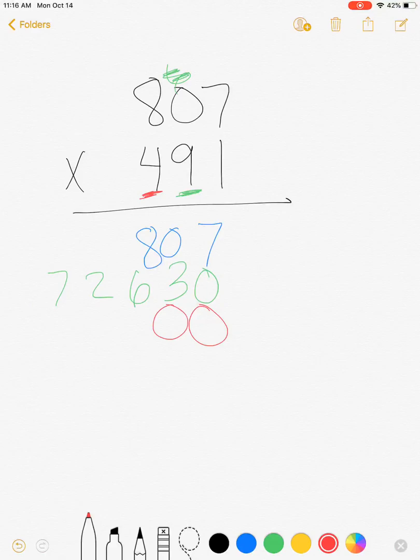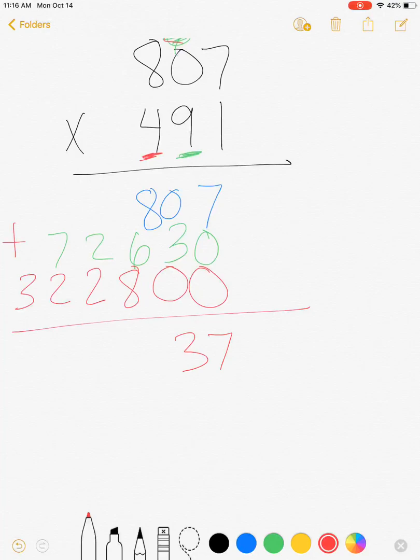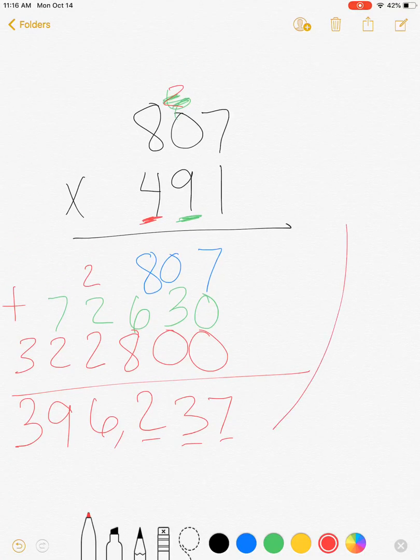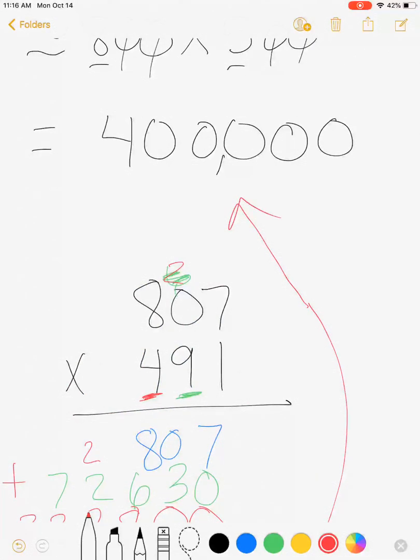Add 2 zeros. 4 times 7. 28. 4 times 0 plus 2. And then 4 times 8. Add the 3 partial products together. 1, 2, 3, comma. 396,237 is very close to 400,000. It is reasonable.